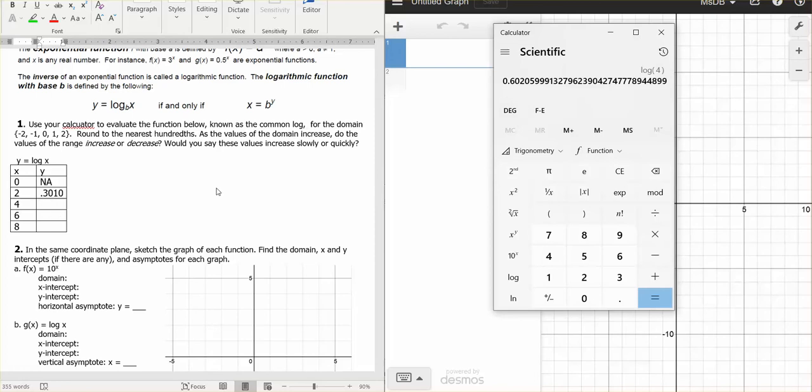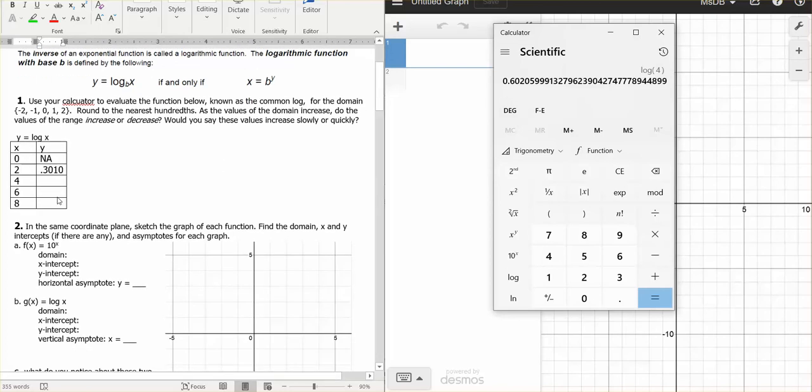I'm going to let you finish number 1 on your own. You're just going to fill these in, then answer these questions. As the values of the domain increase, let me put in one more, 0.6021. Is the range, that's the y values, increasing or decreasing?